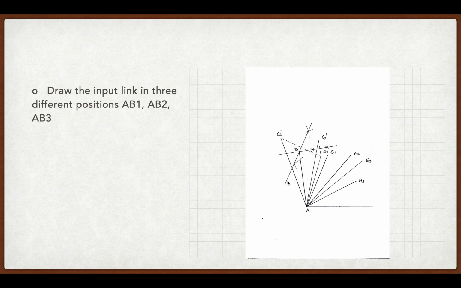Now we have to draw the input link in three different positions, that is A1B1, A1B2 and A1B3. The positions of B2 and B3 can be found by the rotation, and the angle of rotation is the same as the angular rotation for the input links which we have done previously, but this time in the clockwise sense.